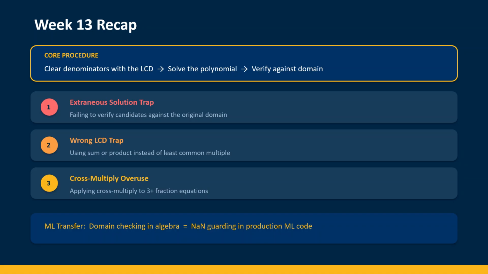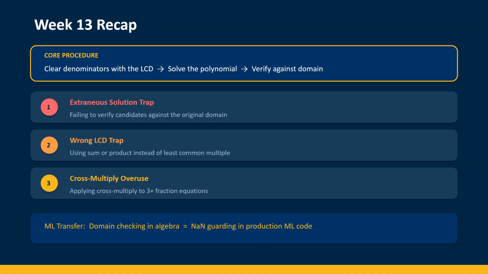The second is the wrong least common denominator trap, computing the least common denominator incorrectly, typically by using the sum or product of denominators rather than their least common multiple. The third is the cross-multiply too much trap, applying the cross-multiplication shortcut to an equation with three or more fractions, which exceeds the scope of that method.